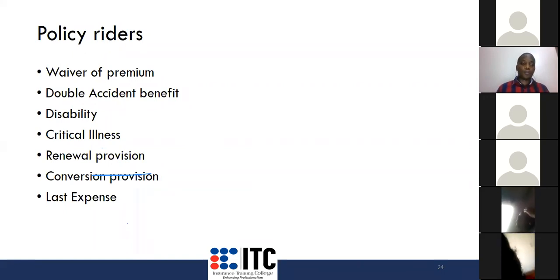Yeah. Then we have renewal provision. Renewal provision is basically a condition that is set at the onset of the contract. And this is majorly for either term life or an endowment, where the policyholder wants to renew the policy later without the need for underwriting.